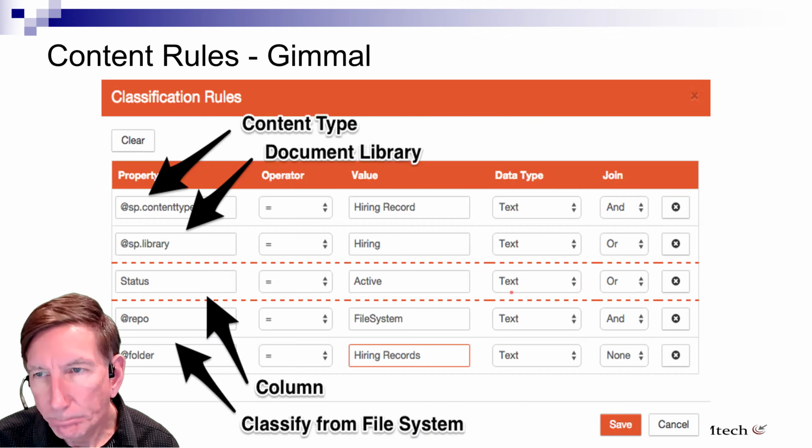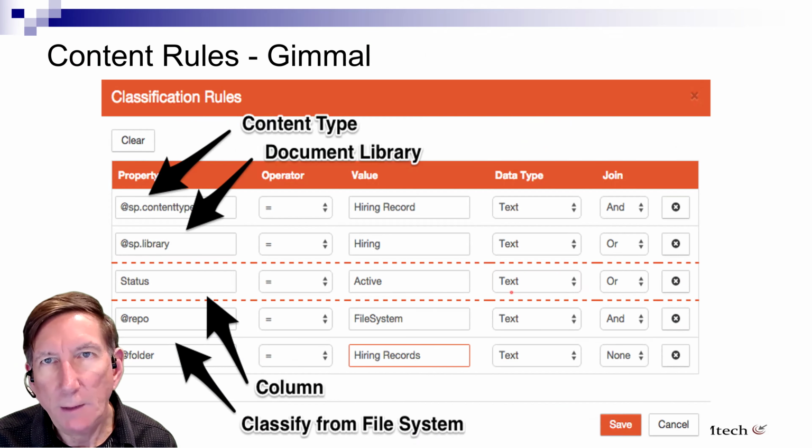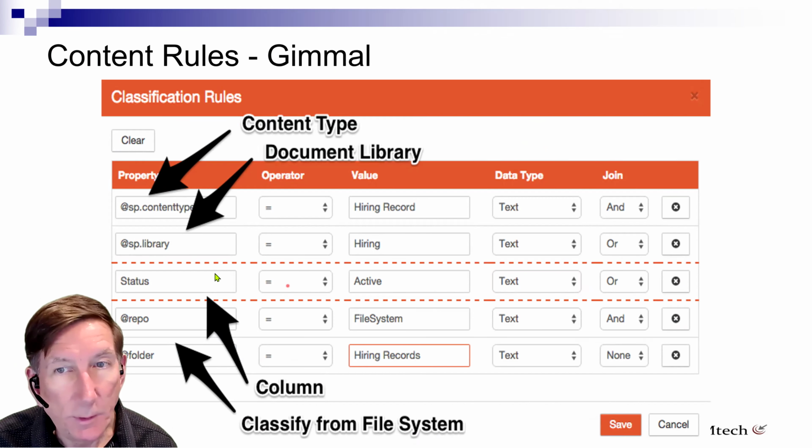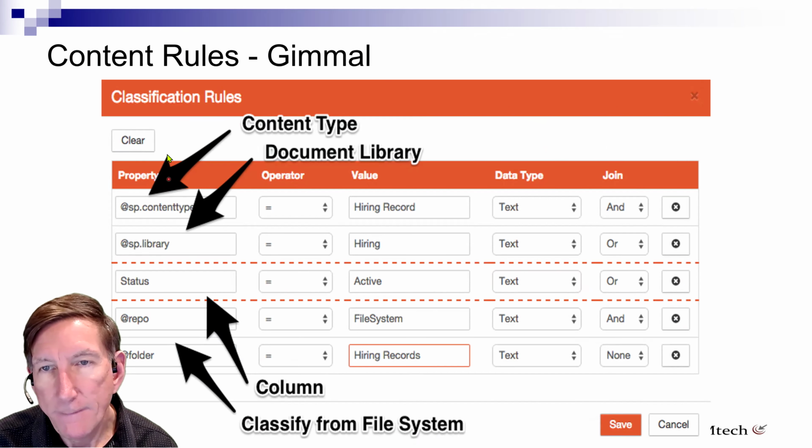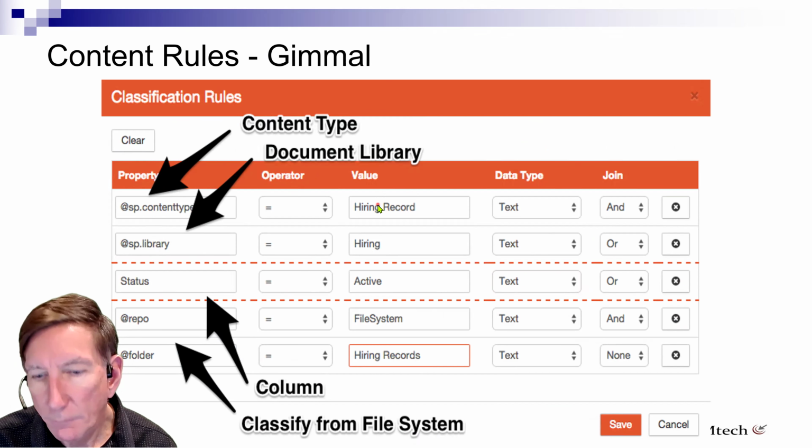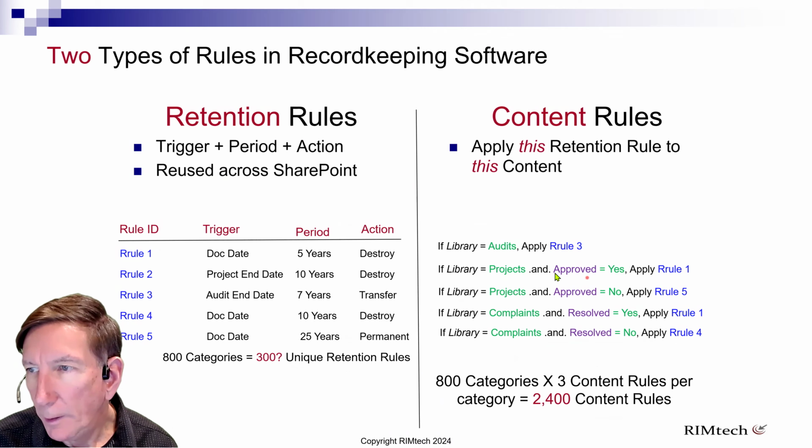Okay? I thought I'd show you a couple of real live examples. Of the 5 products, this is one out of Texas called Gimmel. And here's an example of what it looks like to type one of these content rules. You see the property, the operator, and the value. The property, approved; the operator, equals; and the value, yes.